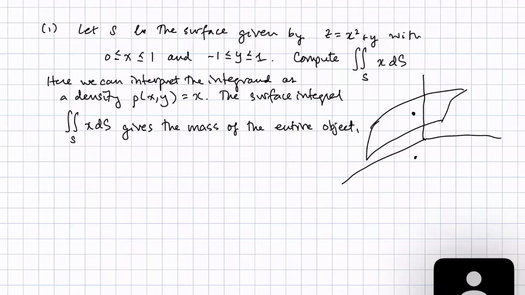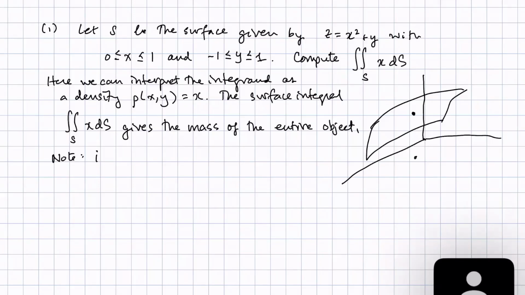Okay, so some problems may even ask you to find the mass given a density without actually writing down the integral. So you're going to have to come up with the integral yourself. Just as a note, if you interpret the integrand this way, you have to allow for the fact that the density might be negative, even though that's not necessarily physically the case.